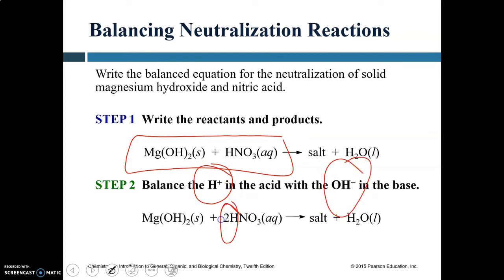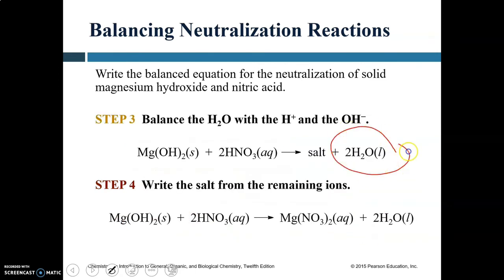So we need two hydrogens to interact with two hydroxides, which gives us two molecules of water. Finally, after it's all balanced, we can write down the remainder. So it's going to be 1 magnesium and 2 nitrate anions, resulting in magnesium nitrate.